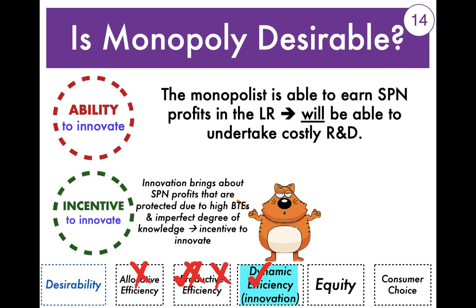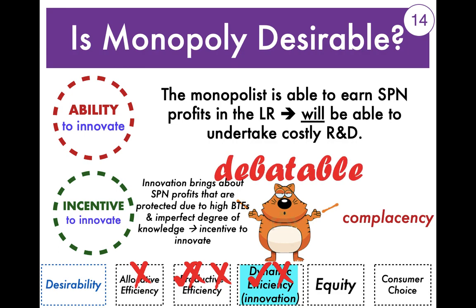But on the other hand, because of the same reasons of high barriers to entry, which cause it to face little competition, it could grow very complacent and therefore see no incentive or no need to innovate and to become tech progressive, right? So in that sense, whether the monopolist can be dynamically efficient is a debatable issue.